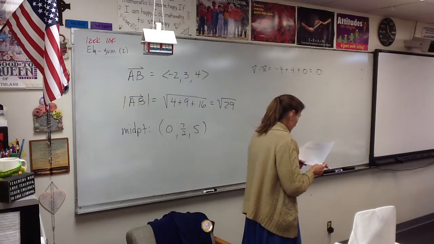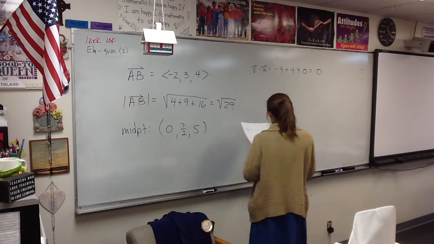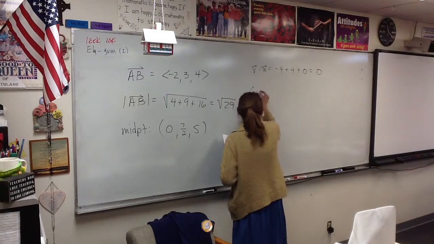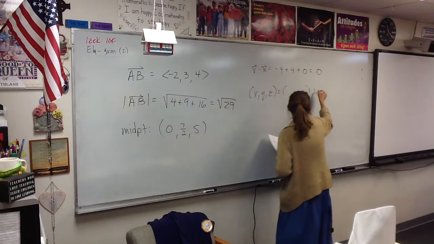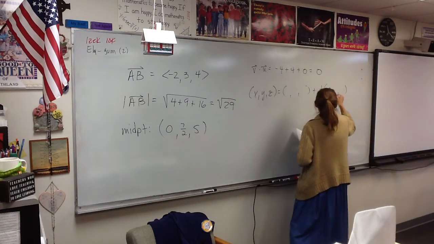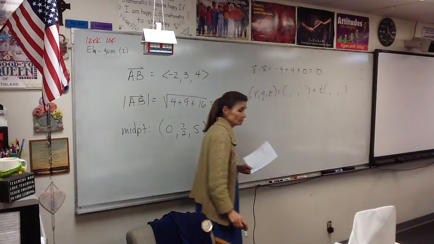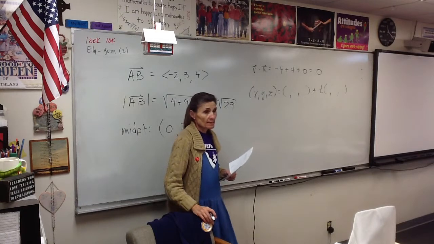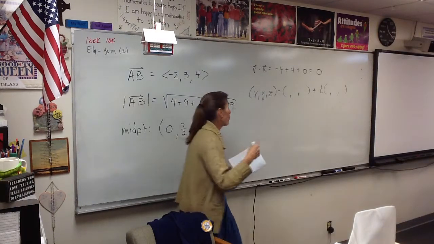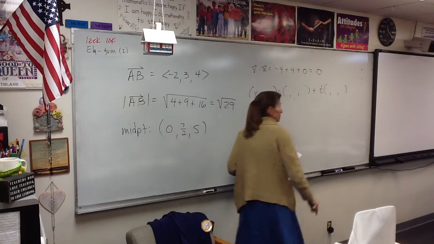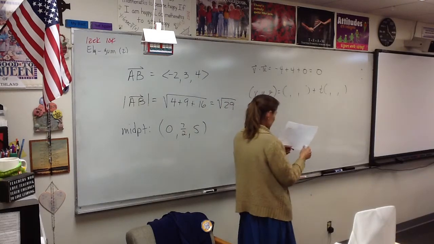Perfect. The parametric equations. When you write the equations of a line using vectors, you start with this format. This is how you're going to get the parametric equations, right? What goes in the first parentheses? One of the points.